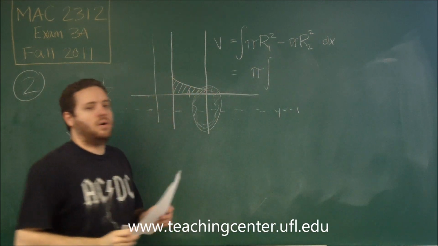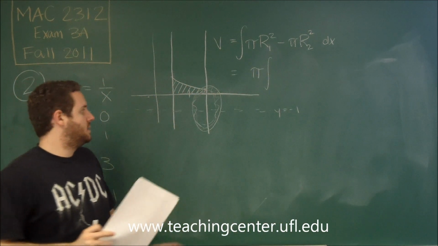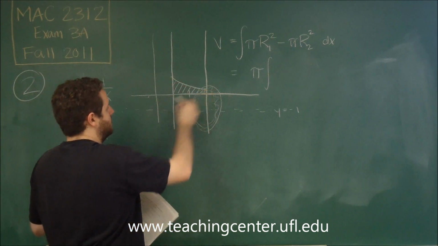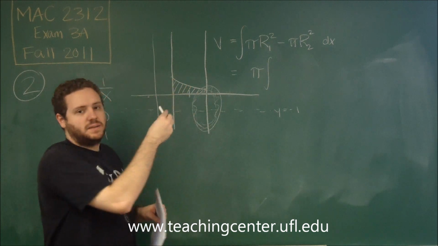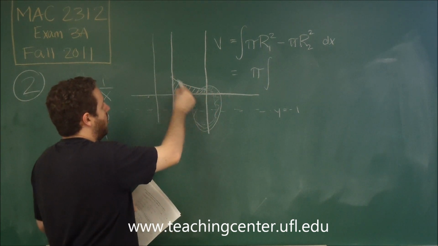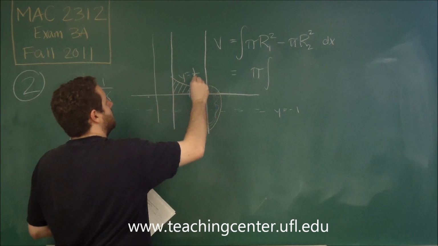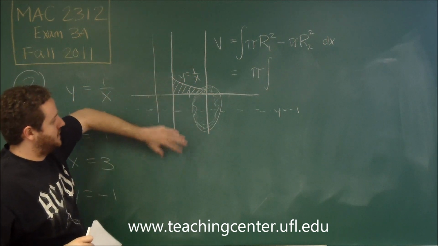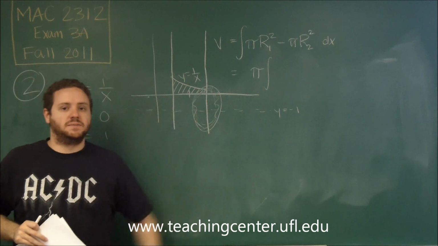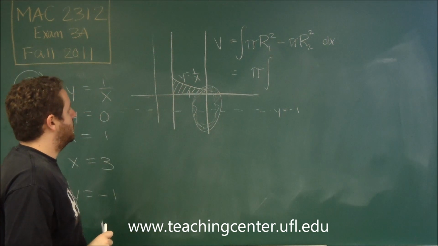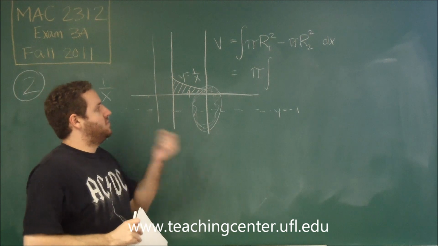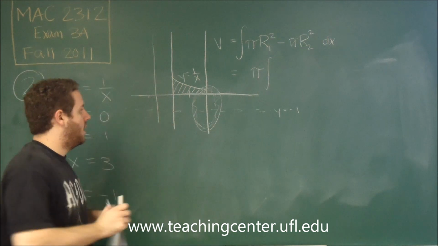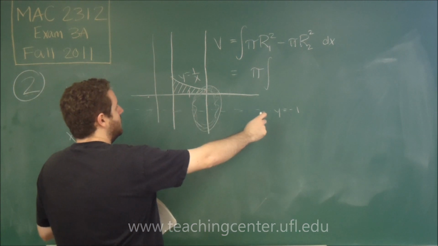So now we need to figure out what our outer and inner radii are. Since we're rotating about this line, the outer radius is going to be determined by y equals 1 over x. This line here, because that's going to be the higher one. So when we rotate it around, it's going to be the outer radius of each ring. The radius is the distance from the center to the edge, and our center is y equals -1.